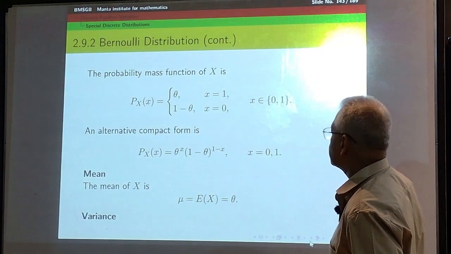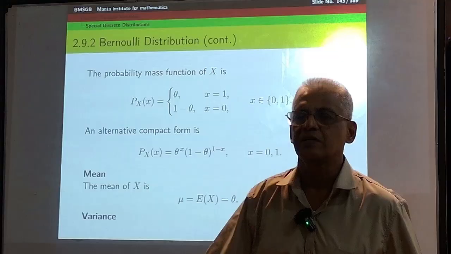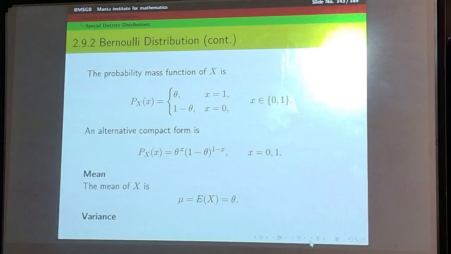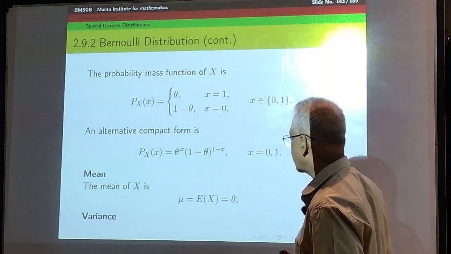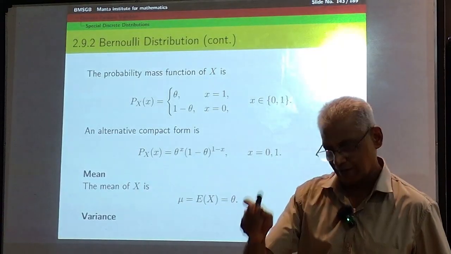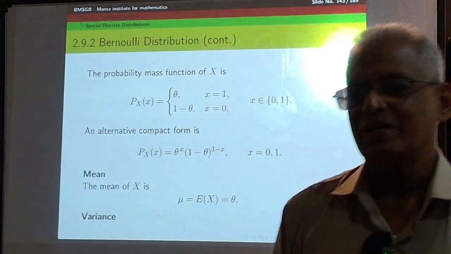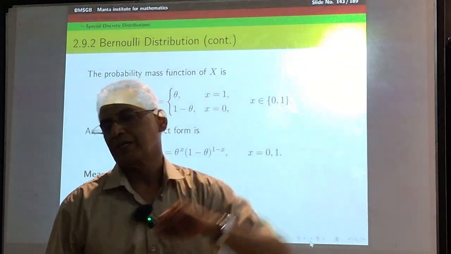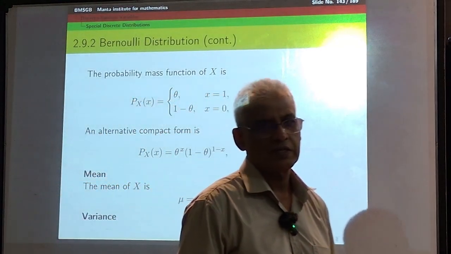We can show that if the mass function is like this, that is if the random variable has a Bernoulli theta distribution, then the expected value will be equal to theta, right? This is a very simple one. I am asking you to now derive that. Find out the expected value of X using that definition there, right? In this case, X can take only two values, right?